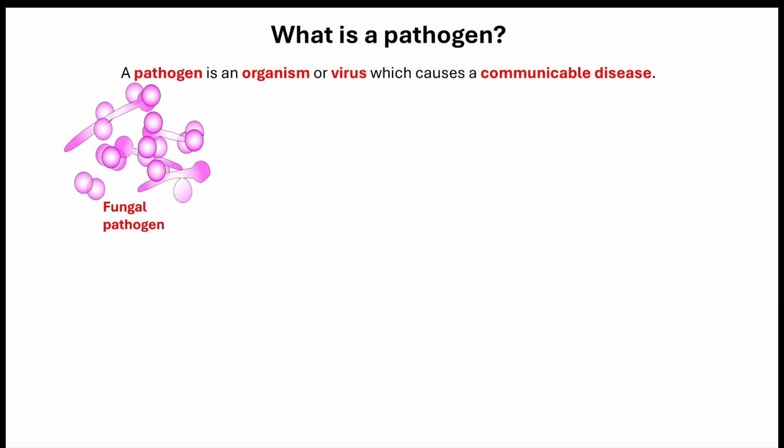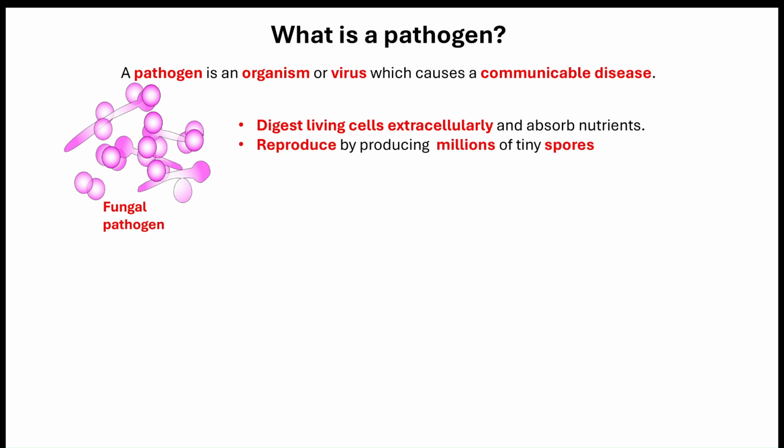And then the last one you need to know about is the fungal pathogen. And these are ones which are going to digest living cells extracellularly. So again, releasing enzymes which will then digest down, and then they can absorb the nutrients. So they reproduce by producing, again, millions of tiny spores.